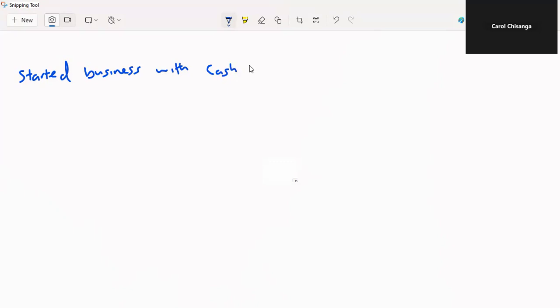Cash at hand, we say maybe 10,000. Cash at bank, 15,000. So which two accounts are we going to open?